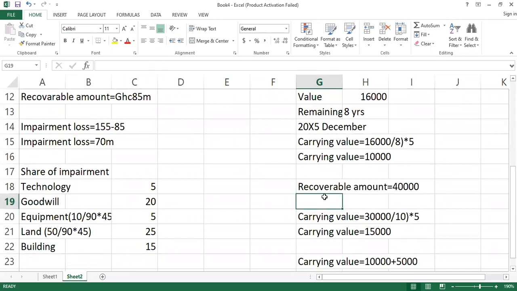Carrying value if there was no impairment.